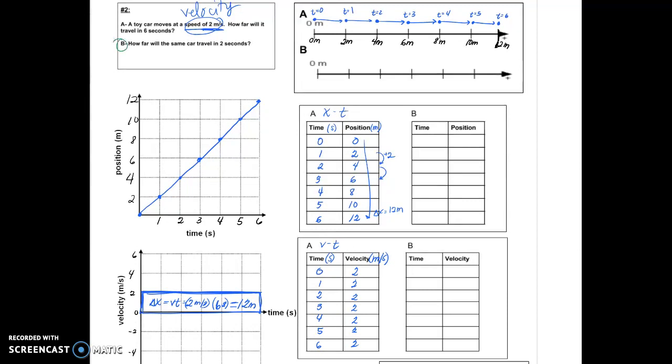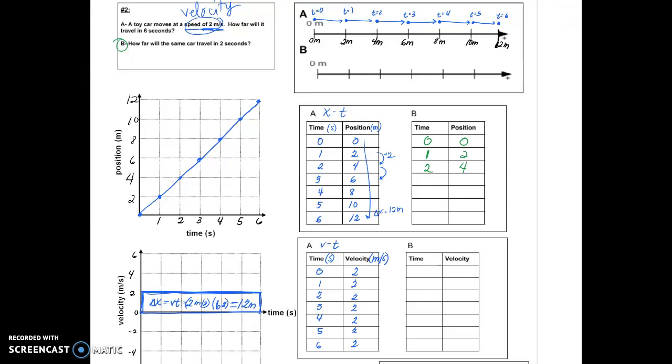So B is how far will the same car travel in 2 seconds? So we have 0, 1 and 2. And the position was, it started at 0. It moved 2 meters per second. So it went to 2, moved another 2 meters in that 1 second.